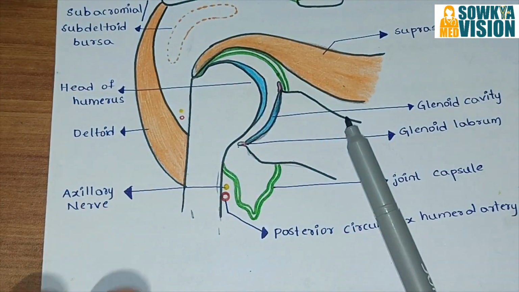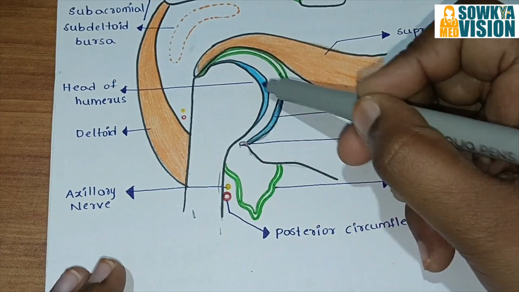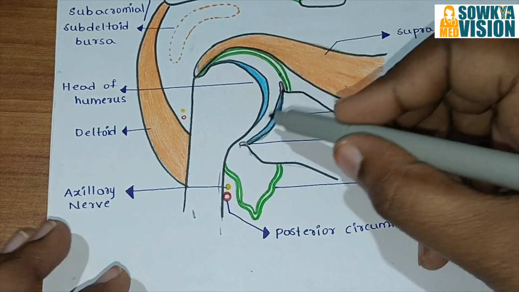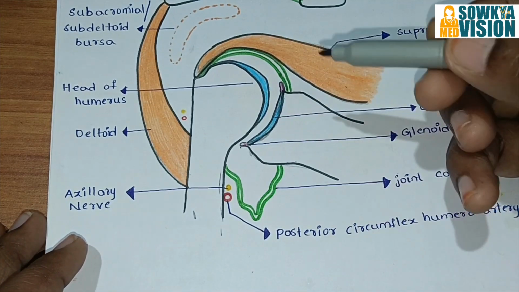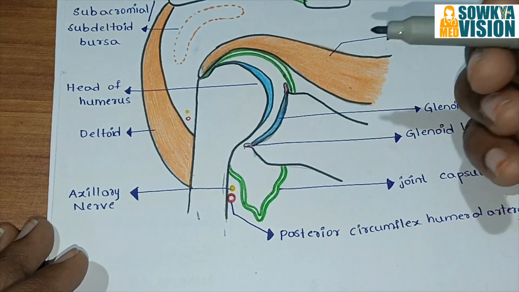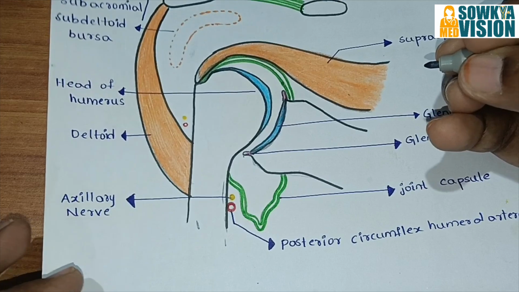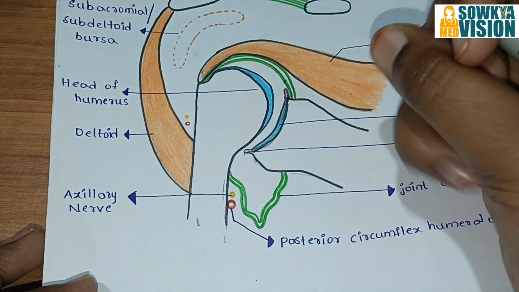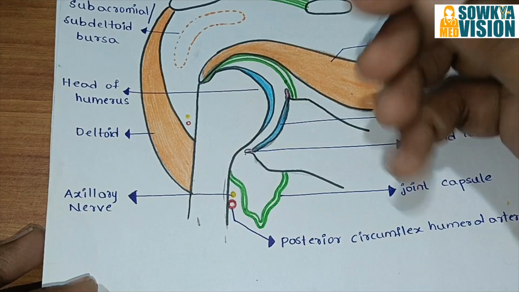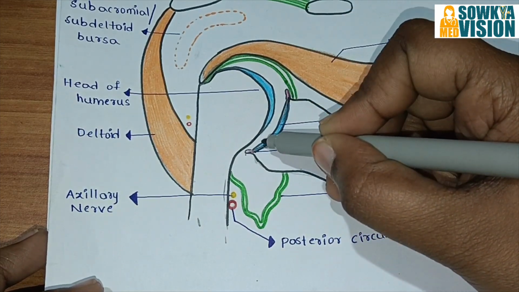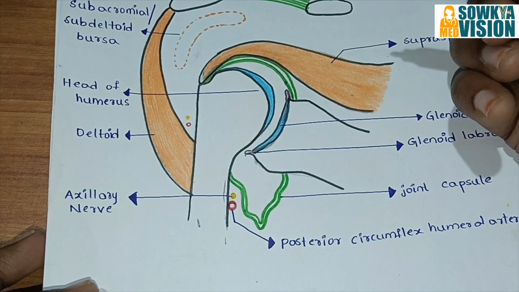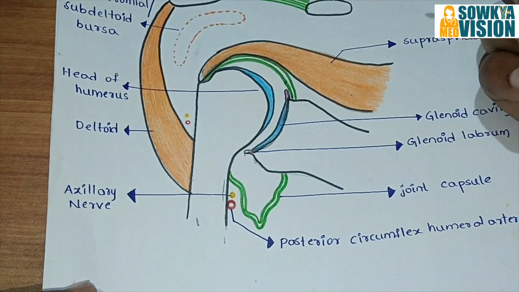The humerus head is very large and cannot fit into the glenoid cavity, so it makes the joint less stable and more movable. The head of the humerus can easily move in the glenoid cavity, so it is a less stable and most movable joint.